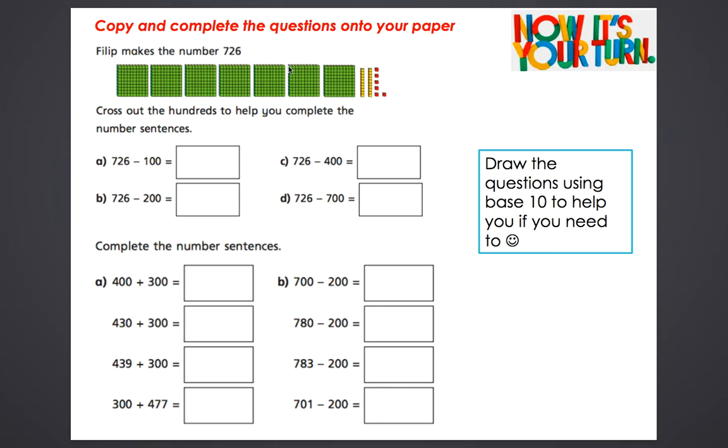You can do the same on this example here. So you're going to take away 100, 200, 400 and 700. Okay? Then we've got complete the number sentences. If it helps you on these ones, you might like to draw out the numbers using your hundreds, tens and ones, your base 10 blocks. Okay, that might help you. If you don't need to, you don't have to. It's up to you. Okay?